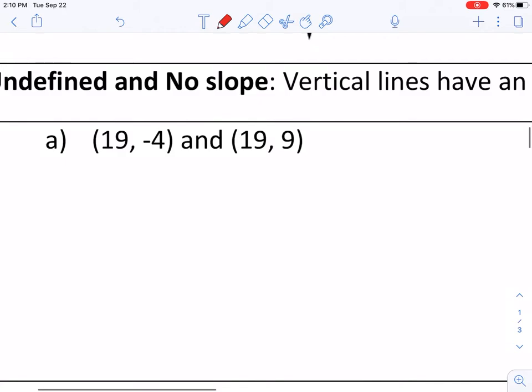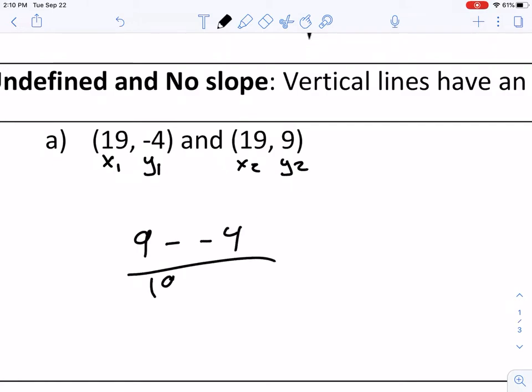We also run into that when we're following our y2 minus y1 over x2 minus x1. So as I label these, I'm going to do y2 minus y1 over x2 minus x1. And when I work that out, that's plus. That's going to give me 13 over 19 minus 9 is 0.